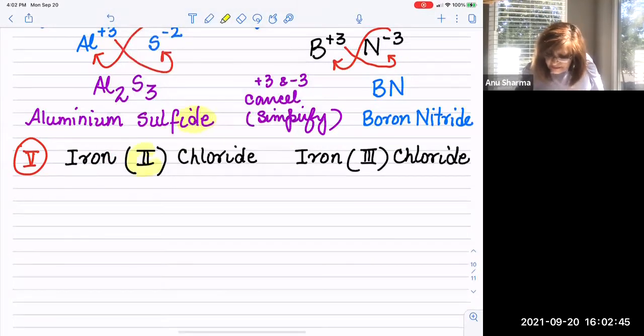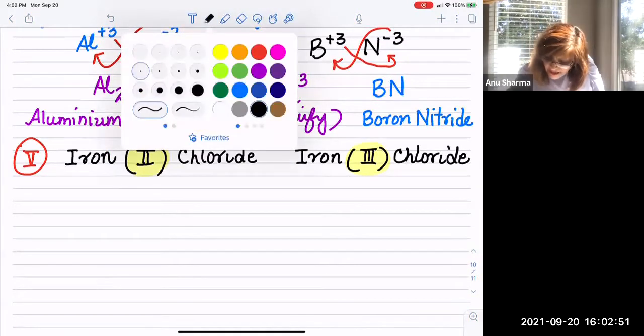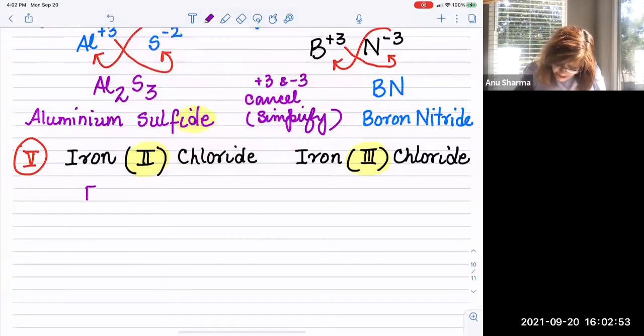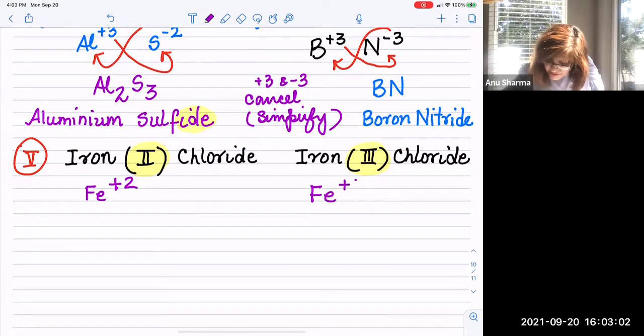Remember that this means iron is in +2 state, and this means iron is in +3 state. So iron stands for Fe, and this means +2, and this means iron +3. Chlorine is chlorine.